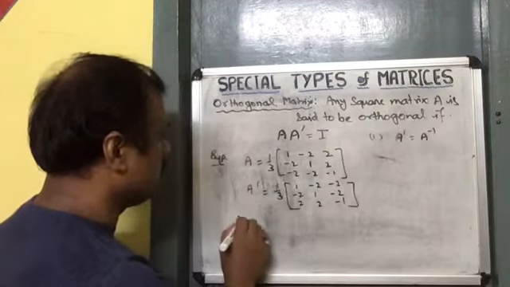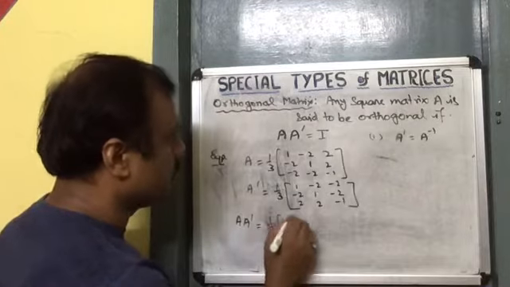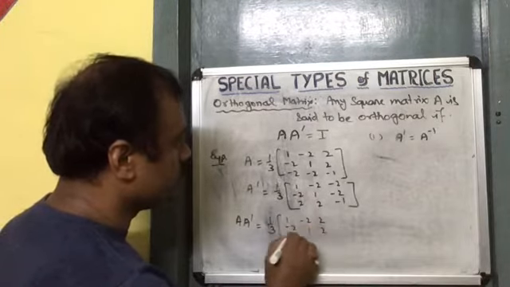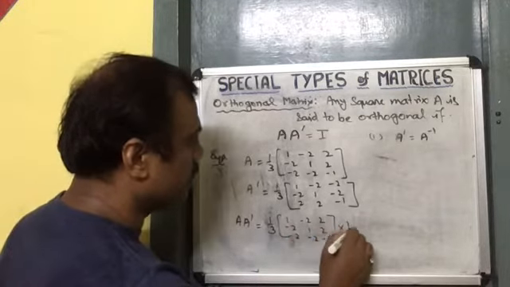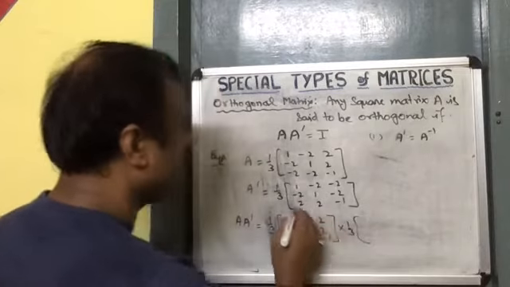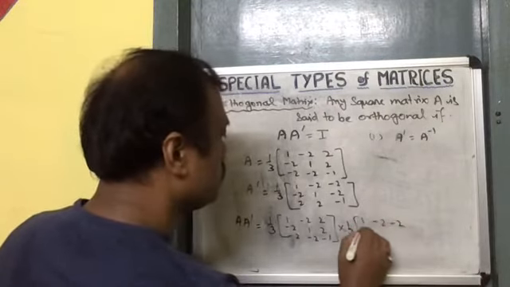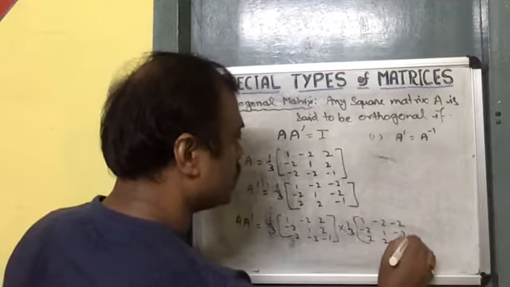Then let us find out A dash, which is 1 by 3 times 1 minus 2 minus 2, minus 2 1 minus 2, 2 2 minus 1, and then the product of A and A dash.